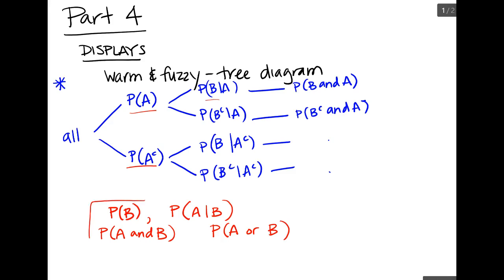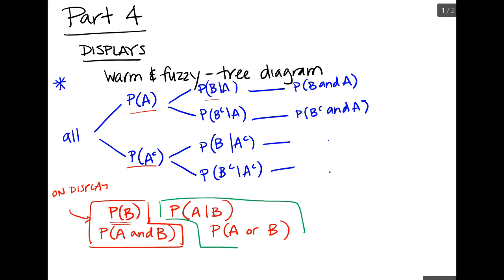The marginal and the joint are on the displays for the most part. For the tree diagram, we have to actually add up to get that probability of B, but both of these are on a contingency table. So if you make a contingency table, you can pull these straight off. Now these 2 are the ones that you have to use the formulas for.